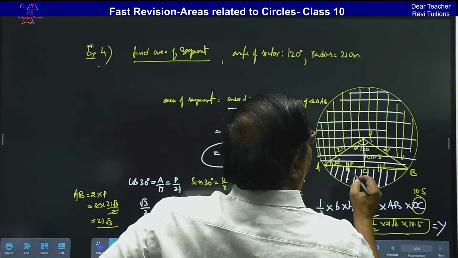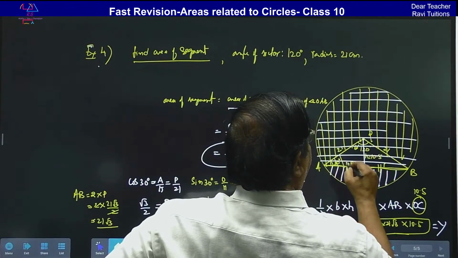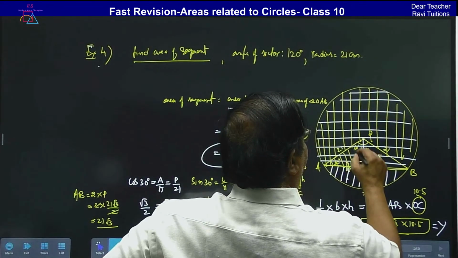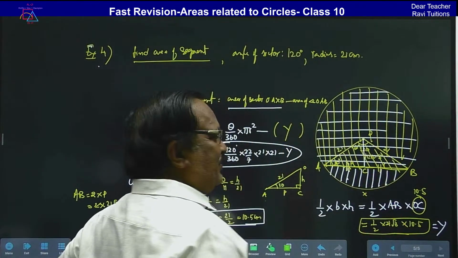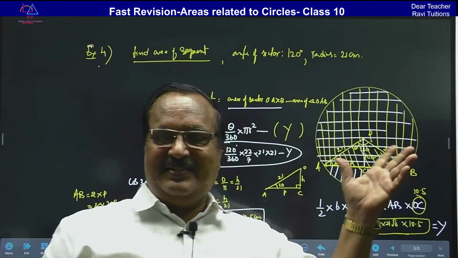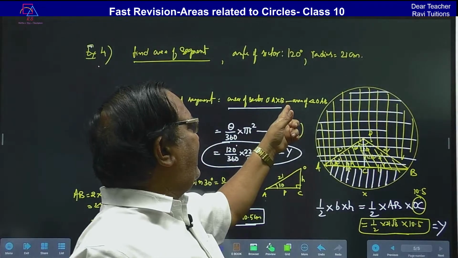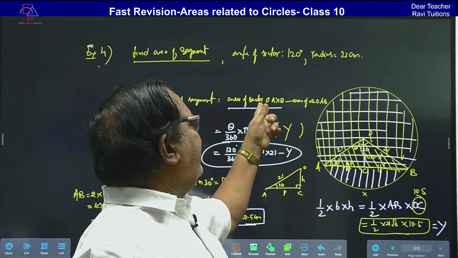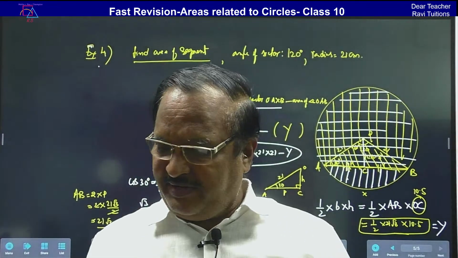Okay, and this is the triangle area. So, the vertical line and diagonal line together is the segment area. So, for the major segment, it is sector plus triangle. You have to add this triangle, but this sector becomes the bigger sector. So, I hope you have understood.